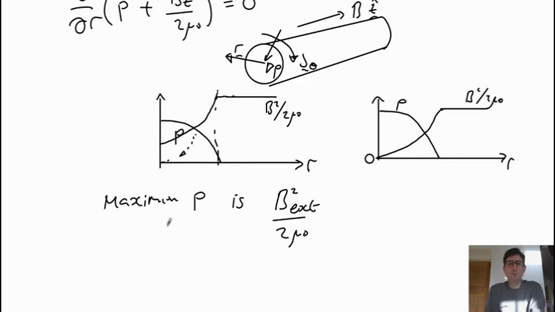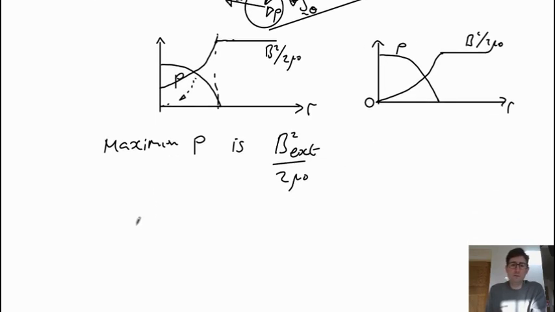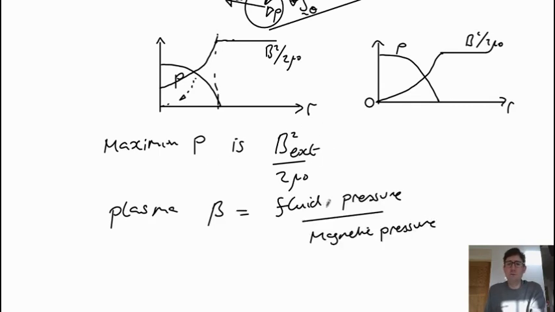And so there's an important quantity which is the ratio of these two, and this is the plasma beta, and it's essentially the ratio of the fluid pressure to the magnetic pressure. It's essentially a measure of how efficient a scheme is for confining plasma, because what you want for fusion is a high fluid pressure, but what you need to pay for, essentially what you need to build the equipment for, is to make a high magnetic pressure.